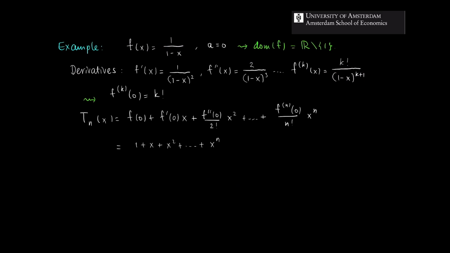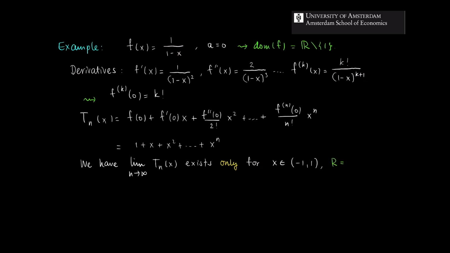But this is something we've seen before, right? So we know that basically for x smaller in absolute value than 1, 1 over 1 minus x equals a geometric series, right? So we have that the limit of n to infinity of Tn of x exists only if x is between minus 1 and 1.